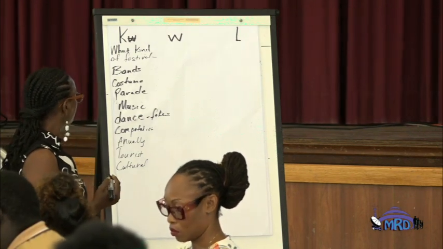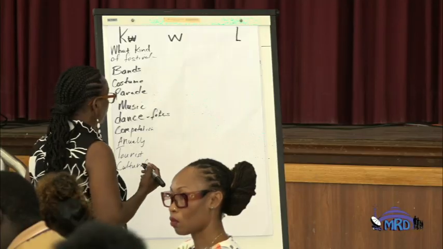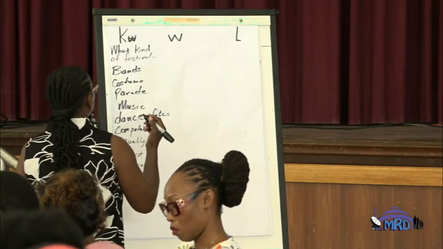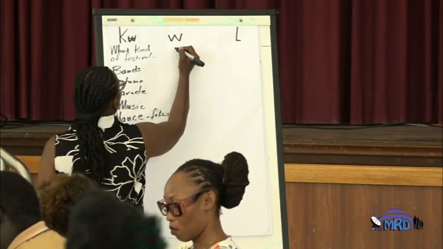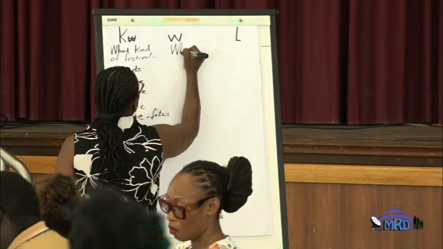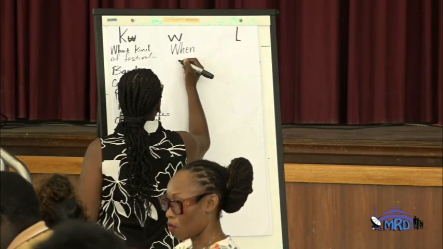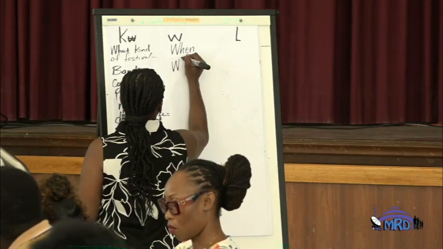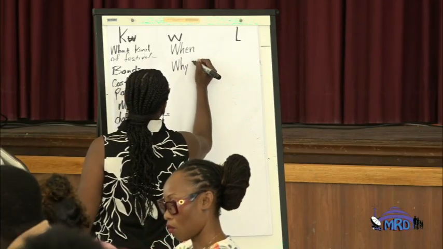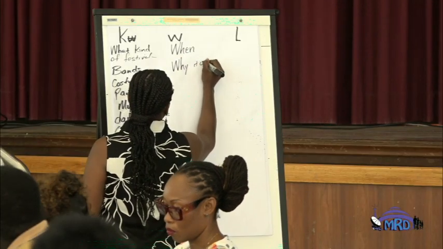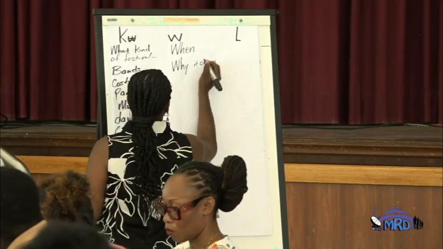Okay. So based on the passage, what do you want to know now? What we want to know. Go ahead. When it occurs. Why it occurs. Where in Barbados things happen.